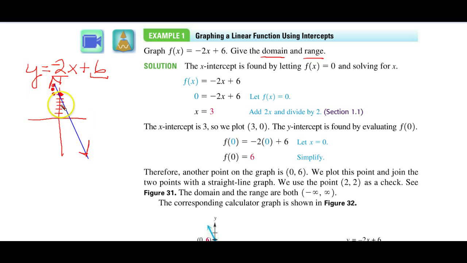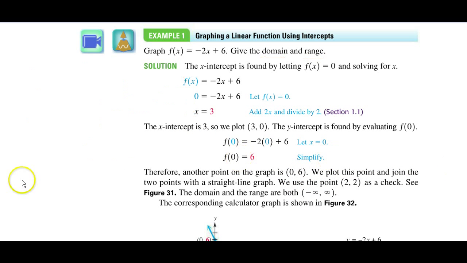And we're asked, what is the domain? Well, the domain would be, again, for x values from negative infinity to positive infinity. And the range, these are y units, negative infinity to positive infinity. And that's what they're showing here. All right, let's go on.